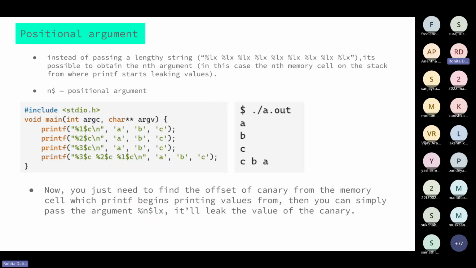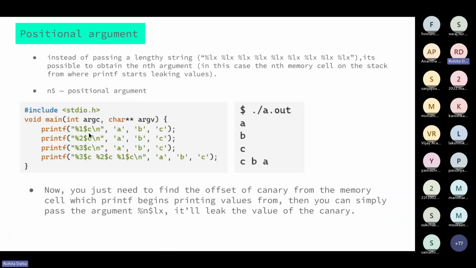So unlike with scanf, you will be limited by how big of an input you can give. You can't just type 100 of these %lx to leak 100 values, because it simply won't store that string. It'll just store a part of it. So instead of that, as attackers, you would use something called positional argument.